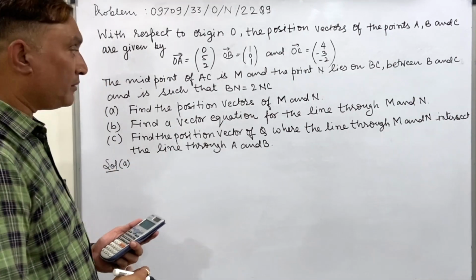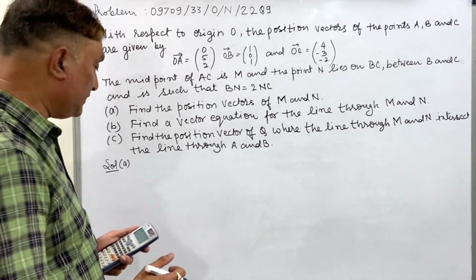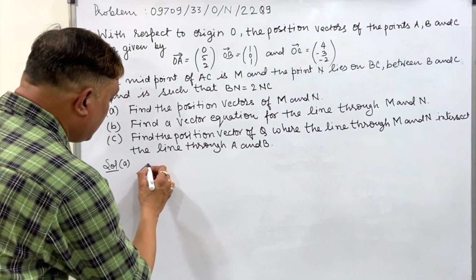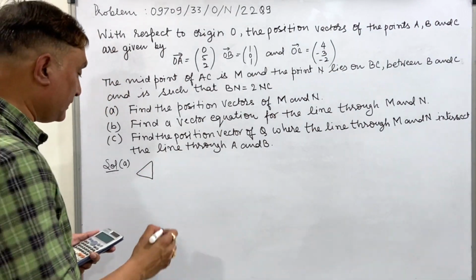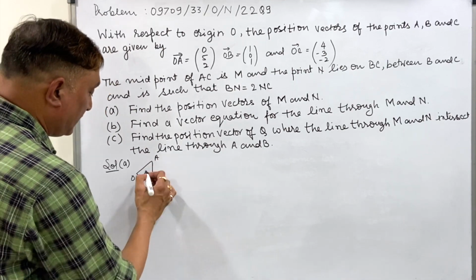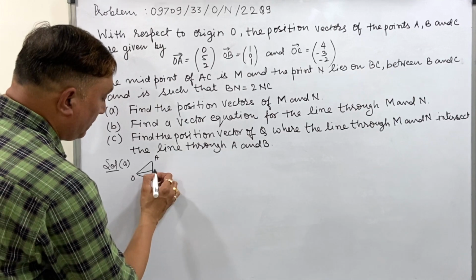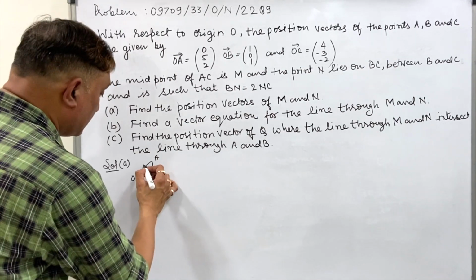We'll start from A part. Here we have to find the position vectors of M and N. So we will apply the triangle law of addition of vectors. This is my point O, this is my point A and this is my point C, and here point M. This point M is the midpoint of AC.